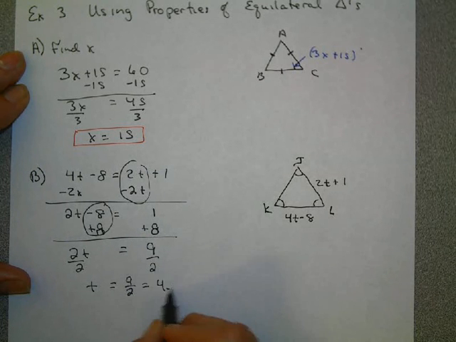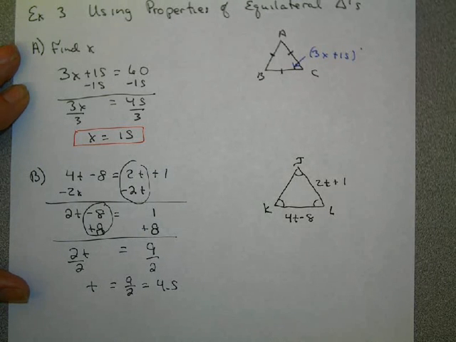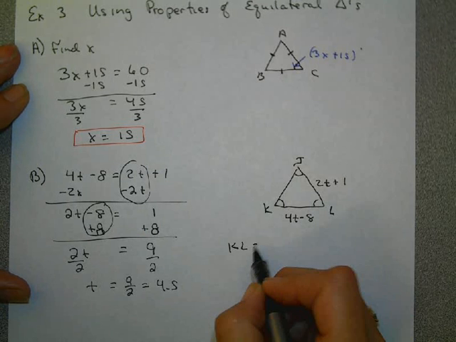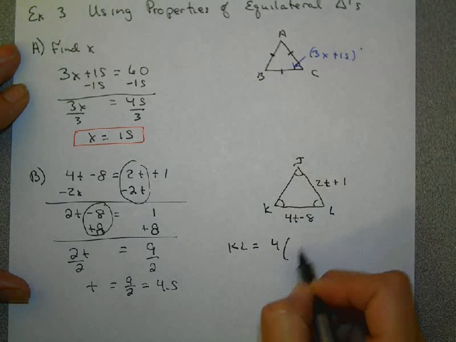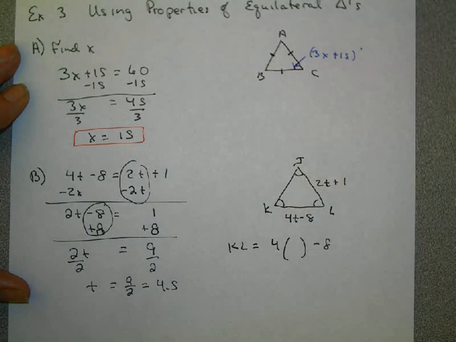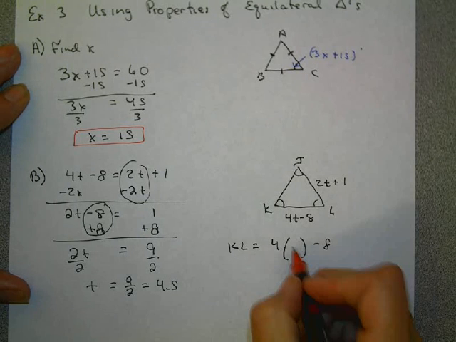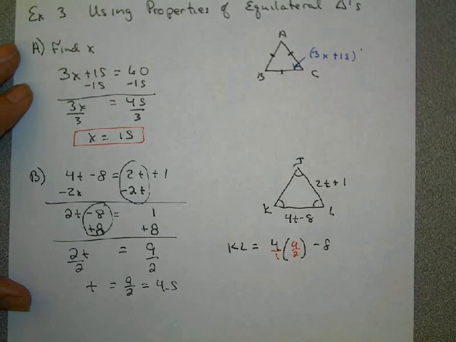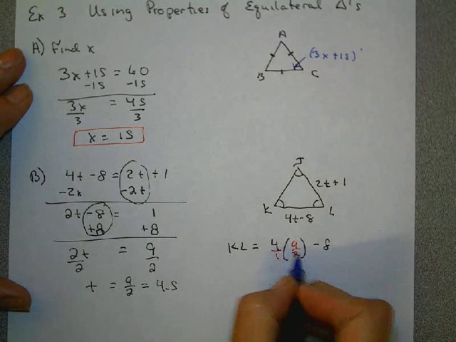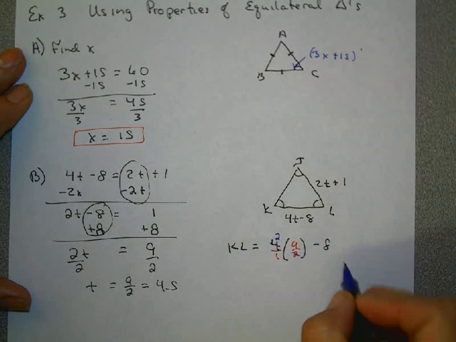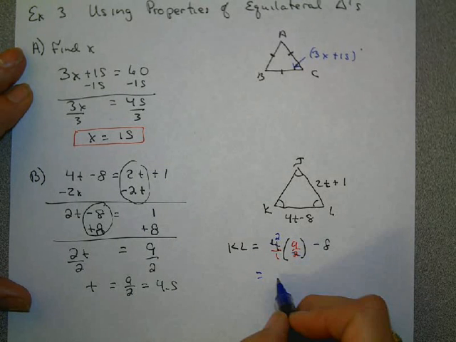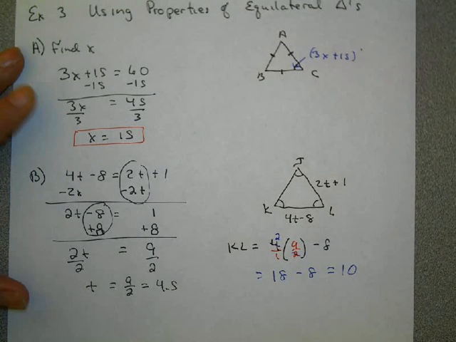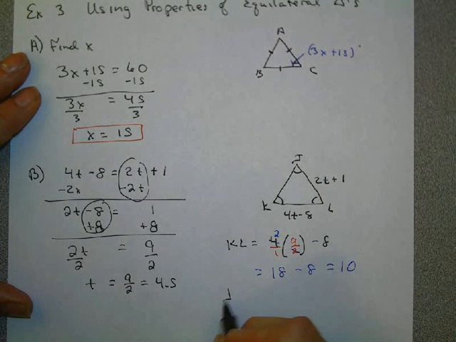Either one's good. Now to find my sides, well, KL is going to be 4 times t minus 8. For t, I am going to put in 9/2. And I like to do it this way, because then it's easy. I just say 2 goes into 4 twice. Fraction bar is a division sign. So I have 2 times 9 is 18 minus 8, and I get 10 for the length of KL. I can do the same thing for JL.